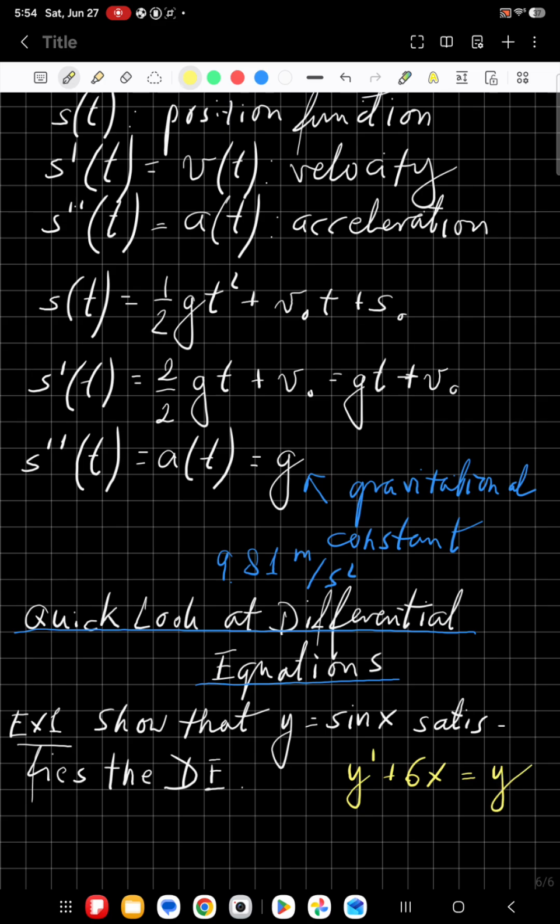Or dy/dx plus 7x equals, for example, the second derivative, which we would write like this: d squared y over dx squared.